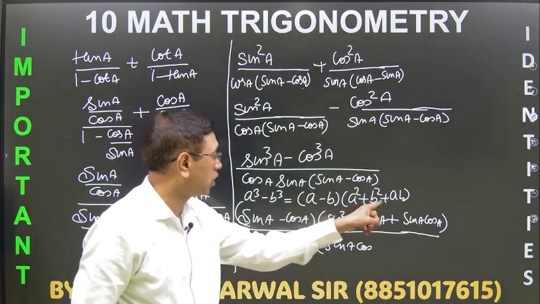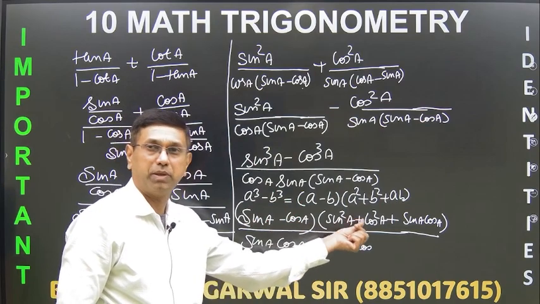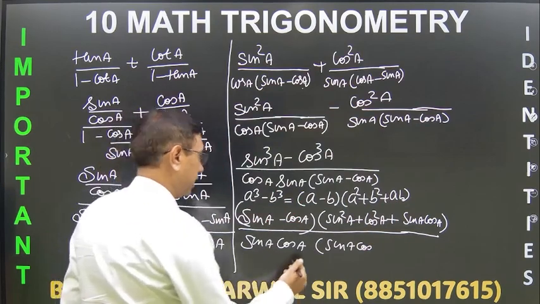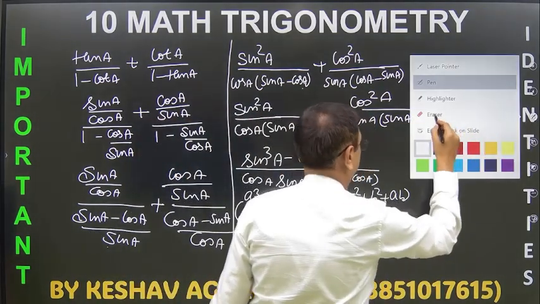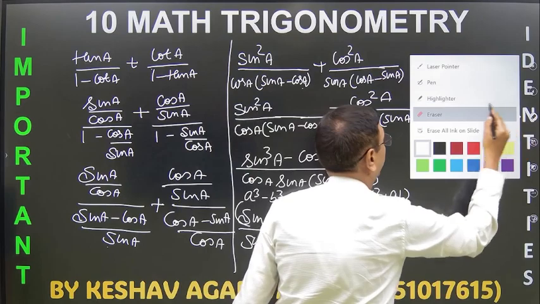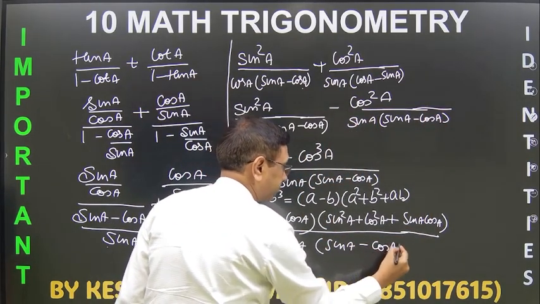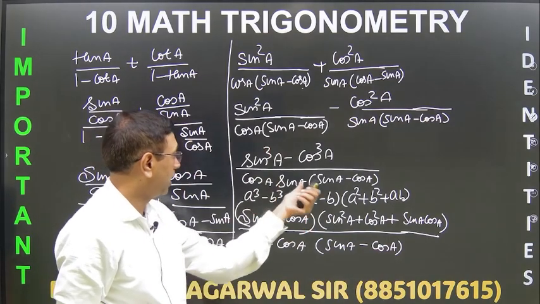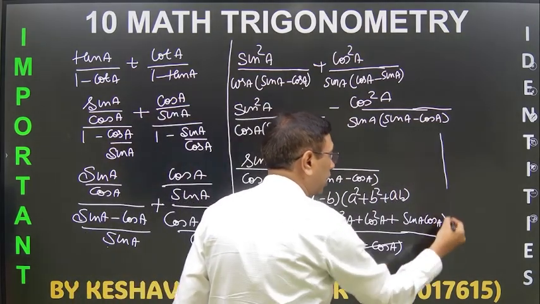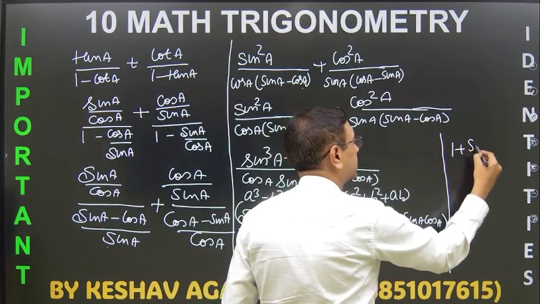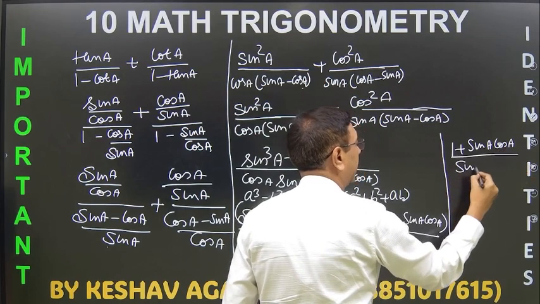A minus B, A square plus B square plus AB. So this was A and this was B. And what are you getting? Sin A cos A. And we will have here sin A minus cos A. देख लो. So this factor gets cancelled, and what are we left with? 1 plus sin A cos A upon sin A cos A.